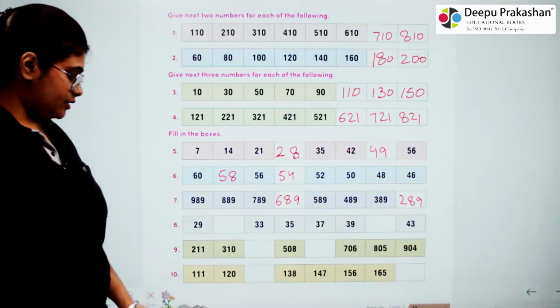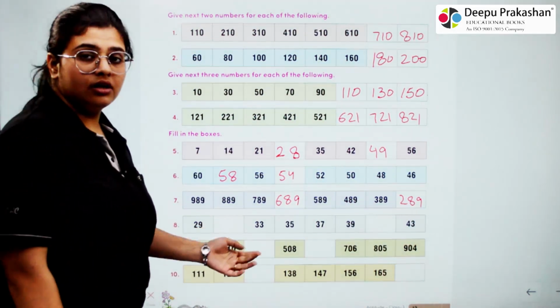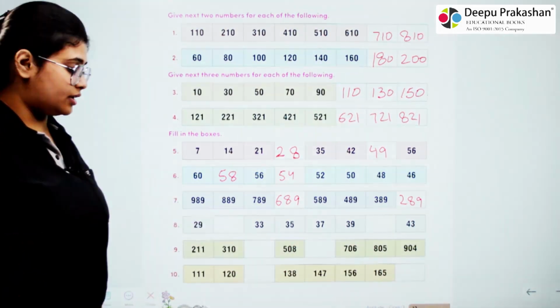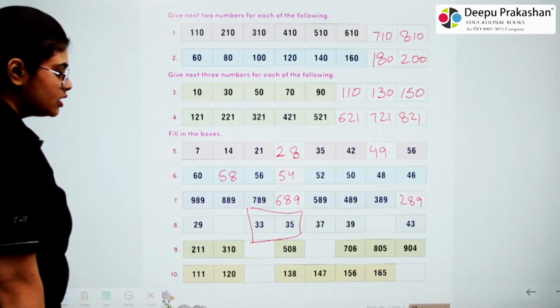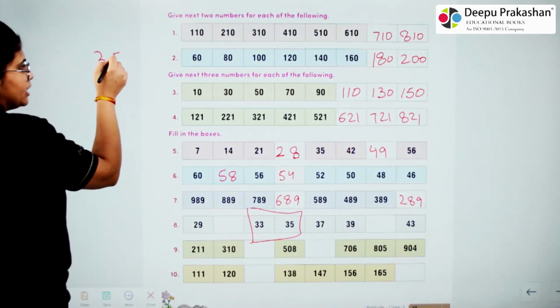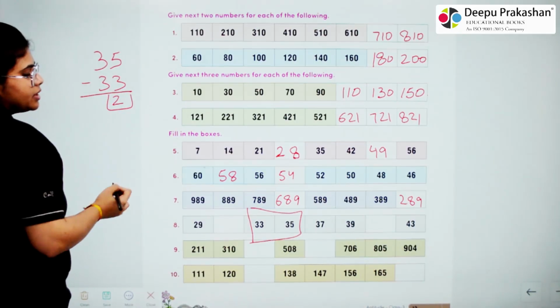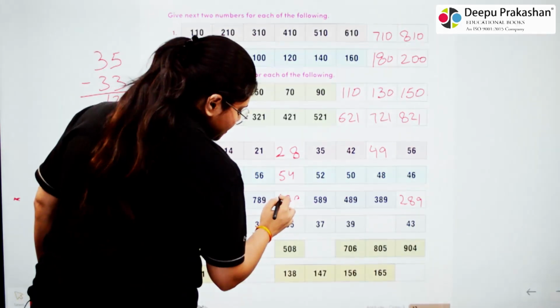Eighth, we are given 29, dash, 33, 35, 37, 39, dash, 43. So if we look at these two numbers and we subtract 33 from 35, we will get 2. That means in these numbers there is a difference of 2.